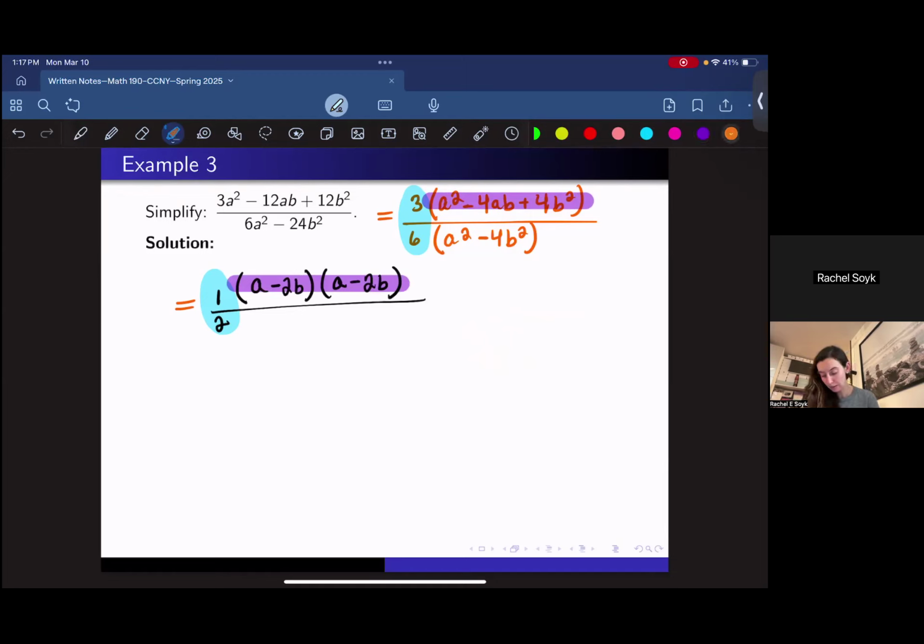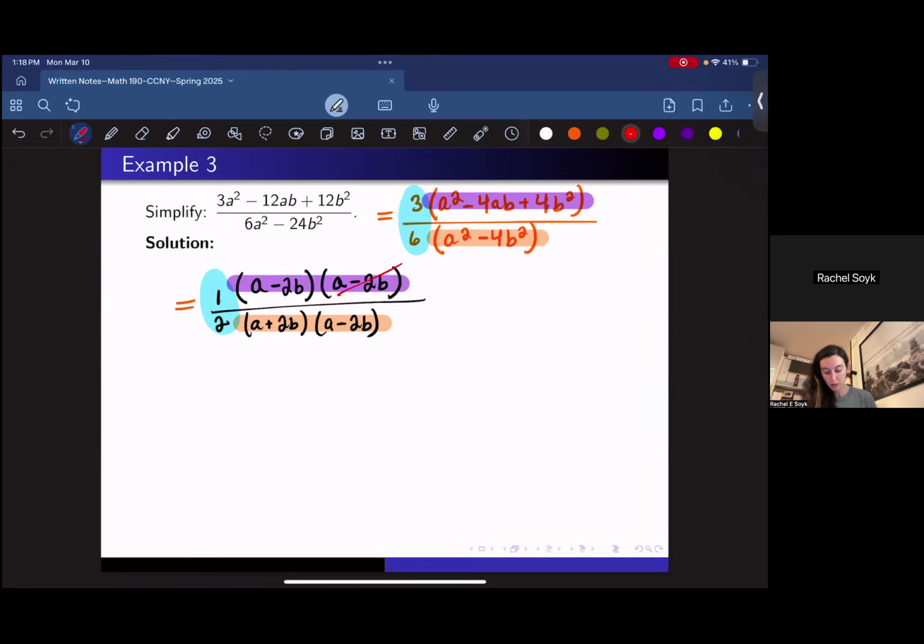And then that bottom is a difference of squares, right? What's the square root of 4b squared? That's just 2b. So we can break this up into an a plus 2b and an a minus 2b. Would you look at that, we have some more cancellations.